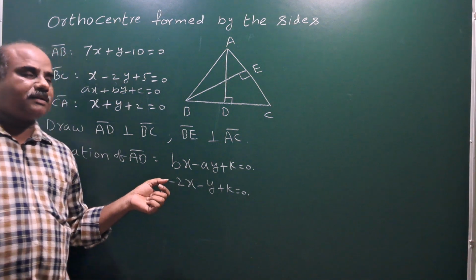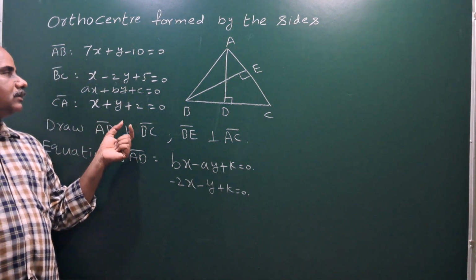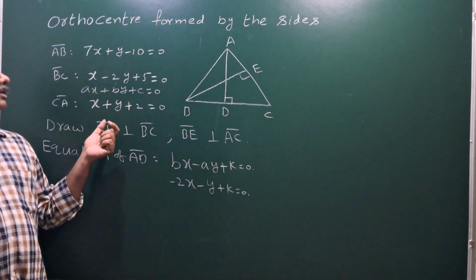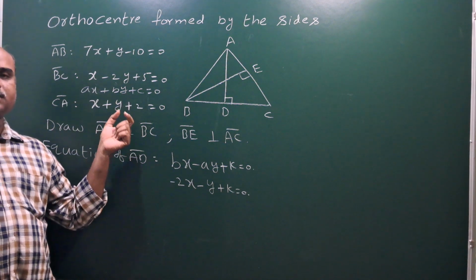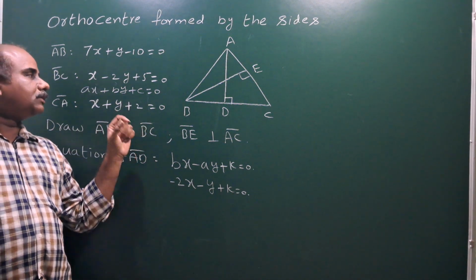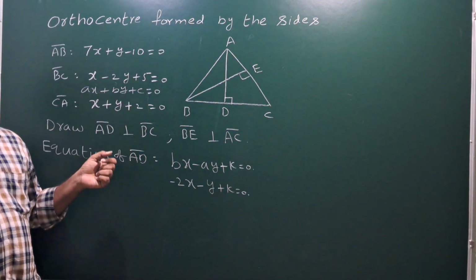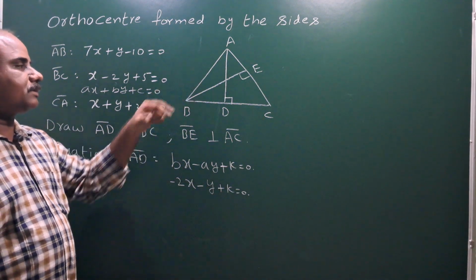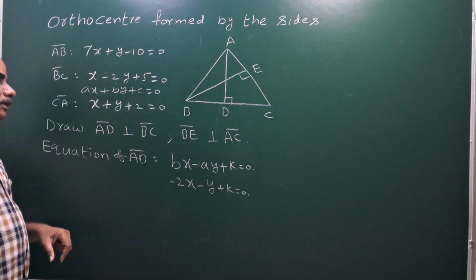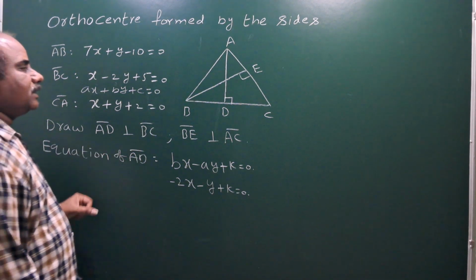As we already discussed in this video, we have to find the orthocenter of these three equations without solving them. We cannot find the points A, B, C. So let us see how to solve this. See this diagram.